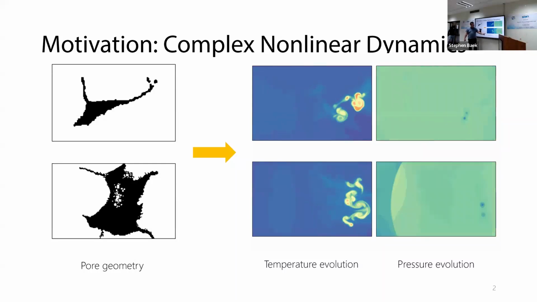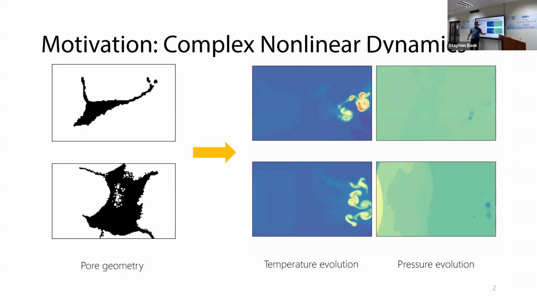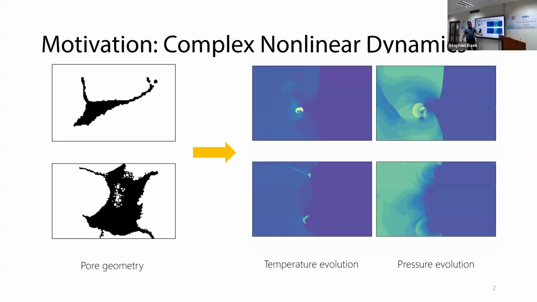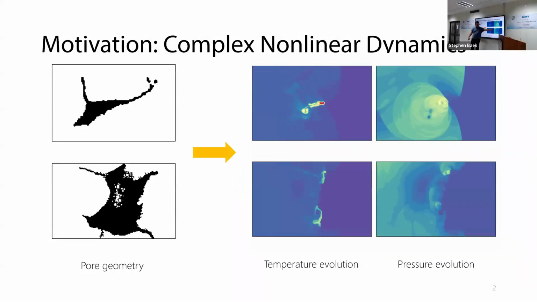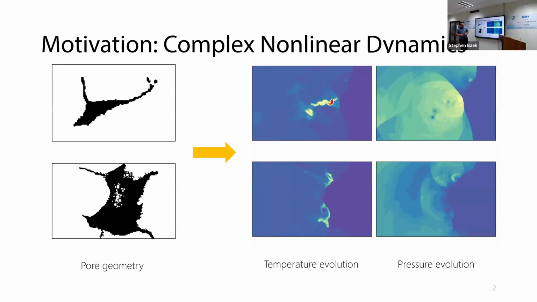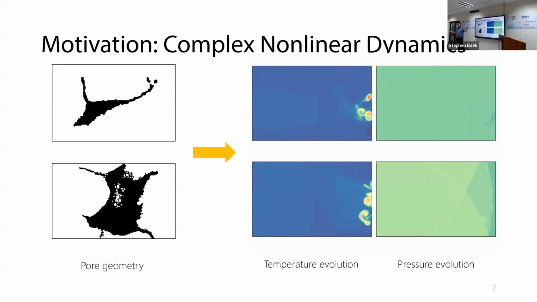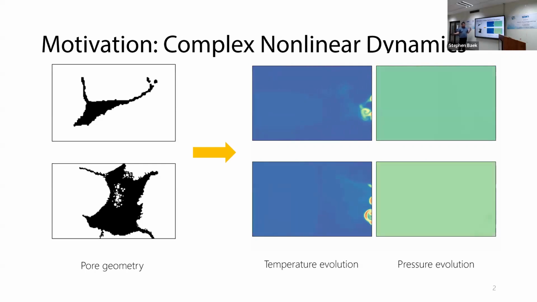So we have some number of pixels, W, in the width direction, and then some number of pixels in the height direction. And for each pixel, we have a temperature and pressure. So it's total W by H by 2. Of course, the space would be an infinite dimensional space, right? Because we were talking about a continuous domain.